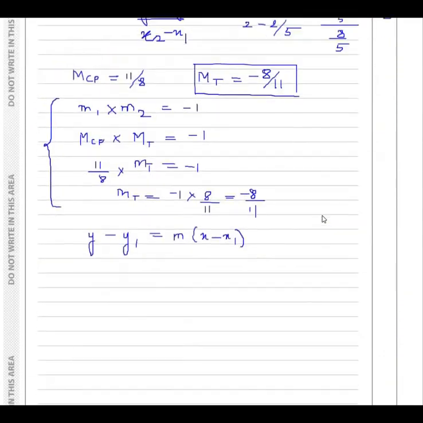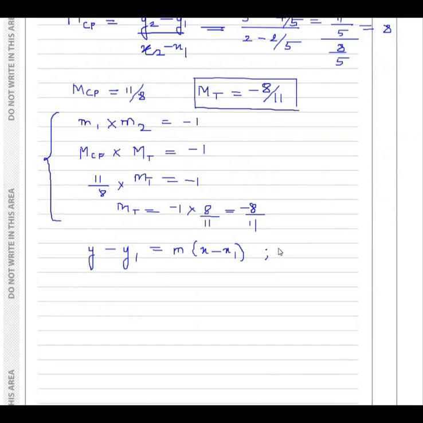For P, we have the coordinates 2, 3, and for T we have the coordinates x, 0. So here we substitute: y minus y1 is y minus 3 equals m, which is -8 over 11, times x minus 2.